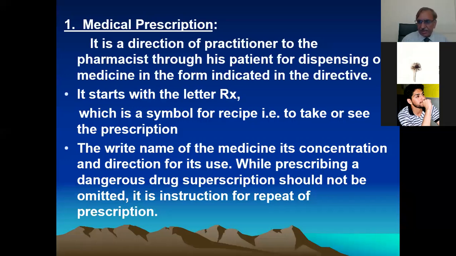Medicine name, how many milligrams, for example, if we are giving an antibiotic or any painkiller, the capsule so and so, 500 milligram, and direction for its use, how many times it has to be taken in the day.